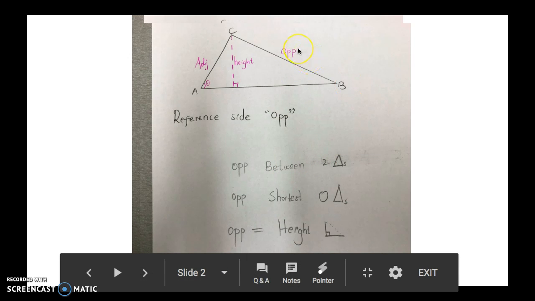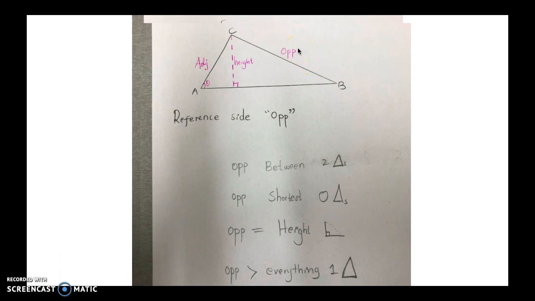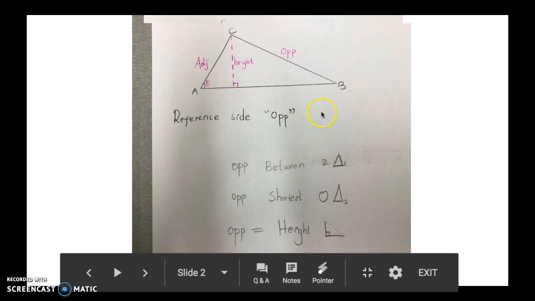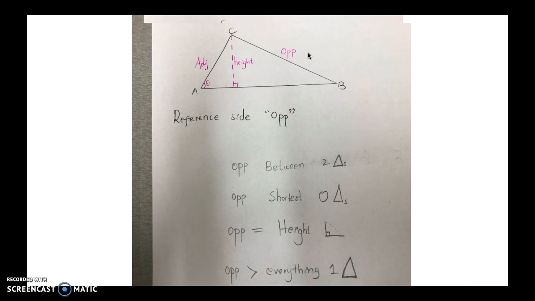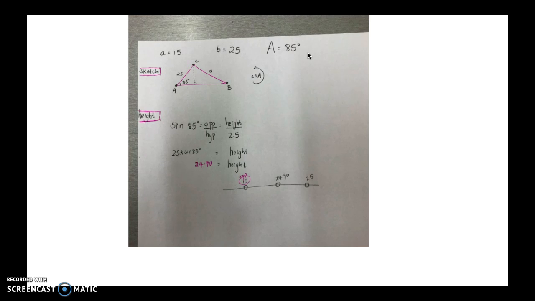If that opposite side length is the shortest, then you have 0 triangles. But if that opposite length is the same as the height, then you have a right triangle. And last but not least, if that opposite side length is greater than both the height and the adjacent, then you have just 1 triangle solution to solve for.